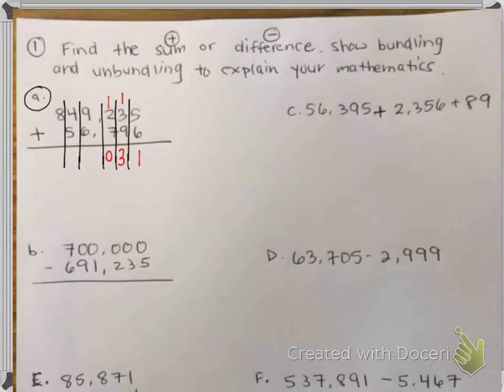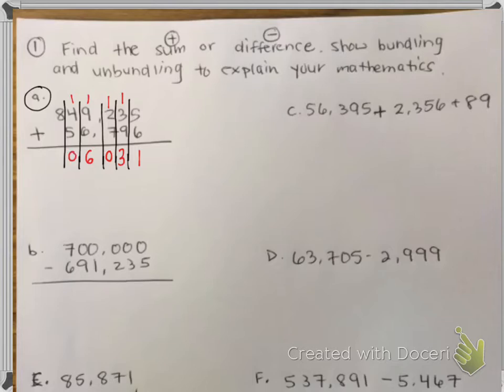I'm going to put a 0 for 10, and I'm going to bundle one group of 1,000. 1 plus 9 is 10, plus 6 is 16 thousands. I am going to put 6 thousands, bundle that group of 10,000s, and we have 1 plus 4 equals 5 ten-thousands, plus another 5 is 10.